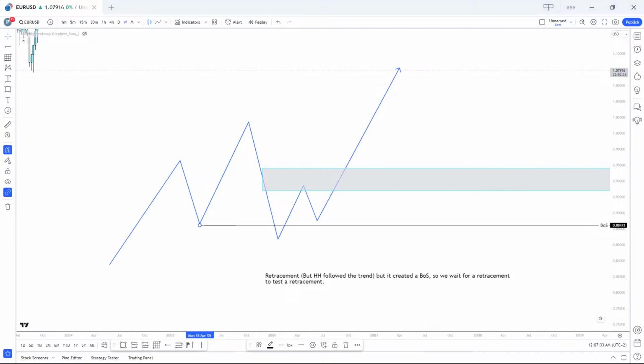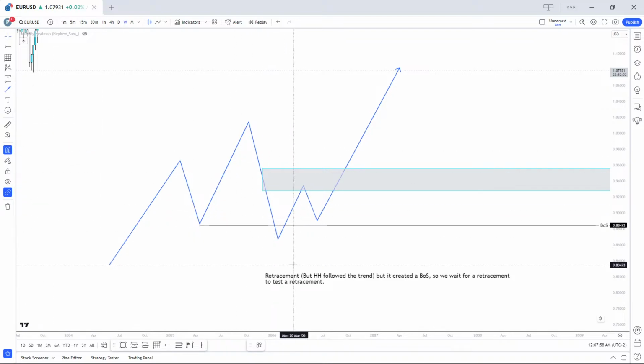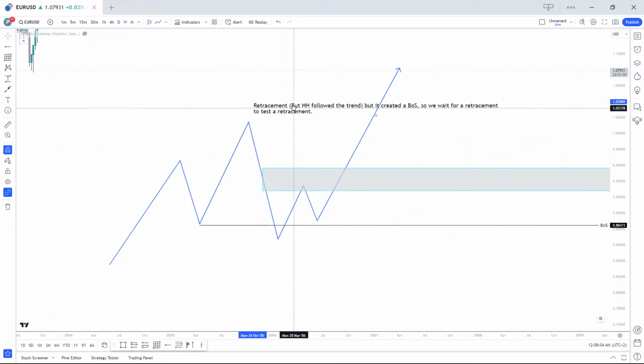Wait, did I... okay, I screenshotted the breakout structure also. So this is the breakout structure and this is the retracement. Okay, so basically this retracement, arrow, retracement. I'll do this above.